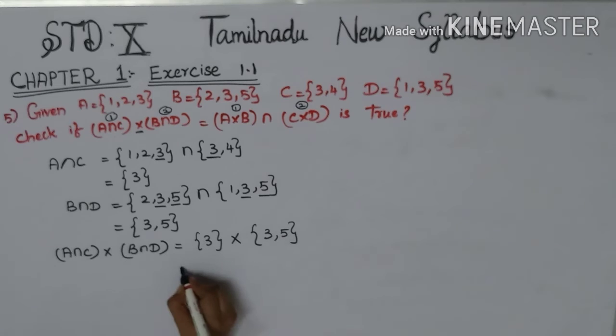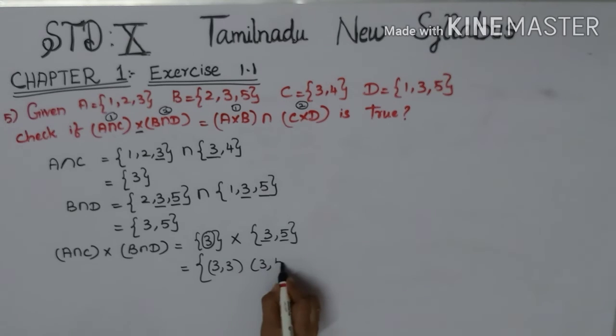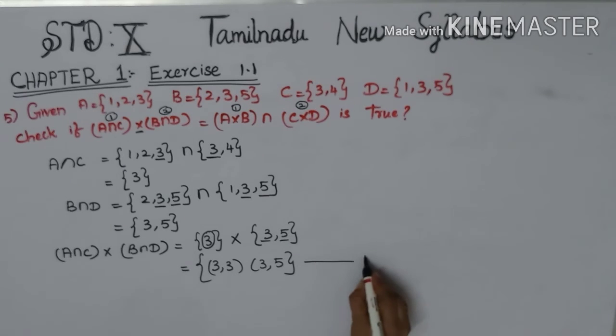Now you will have to write your ordered pairs because they have asked you the cross product. Take the one element and join it with these two elements. So it is (3, 3), (3, 5). With this your left hand side is done. I am just marking it as 1.